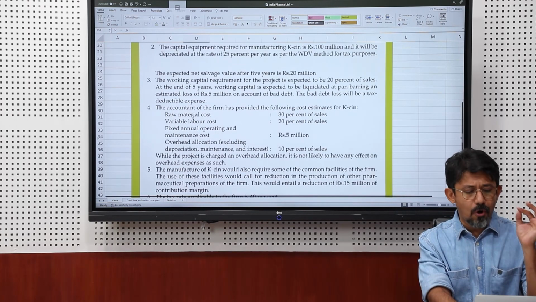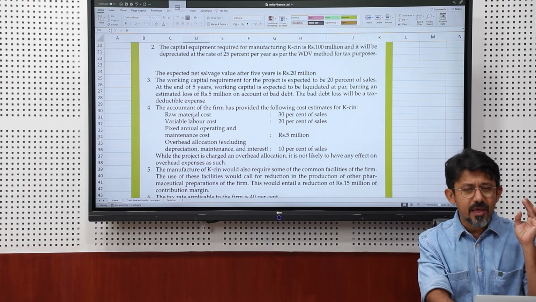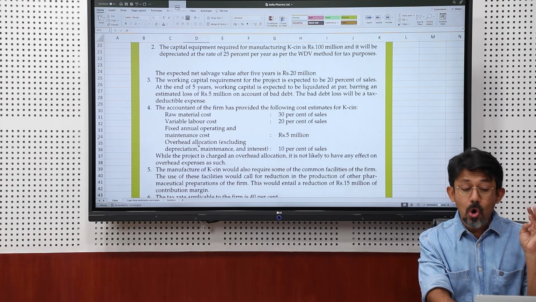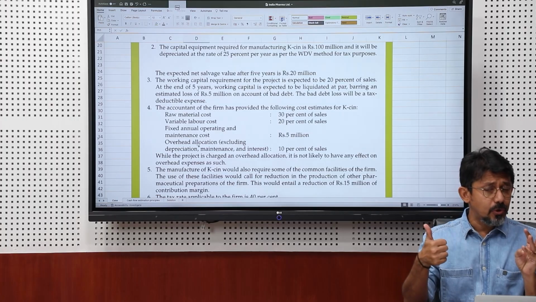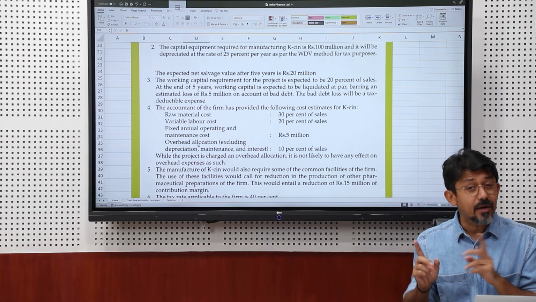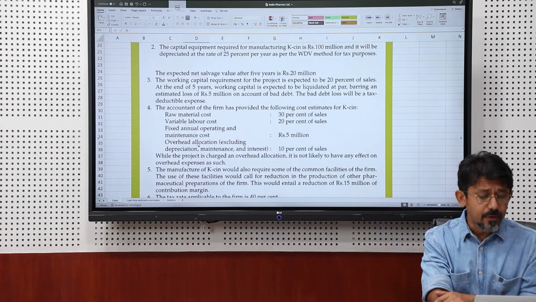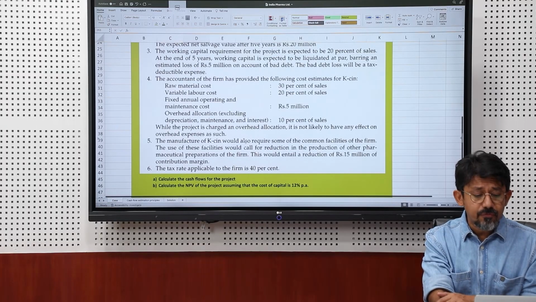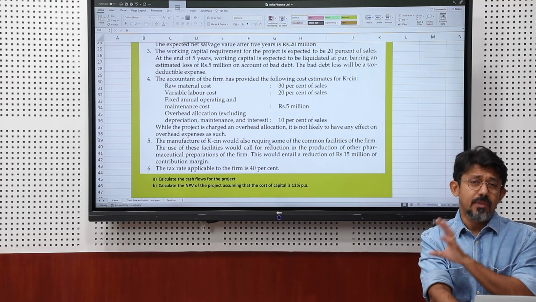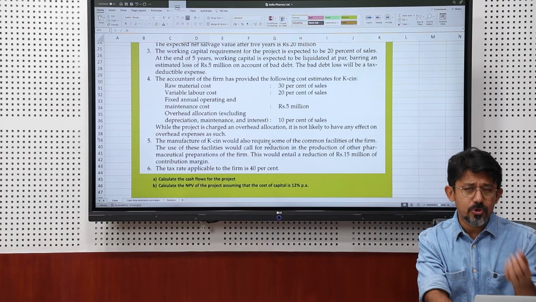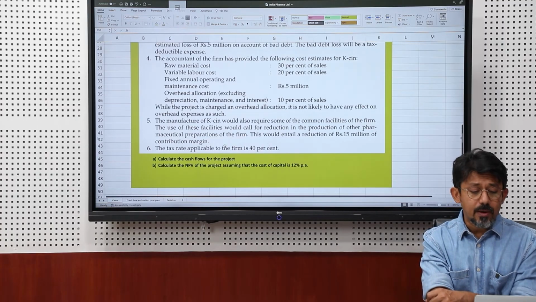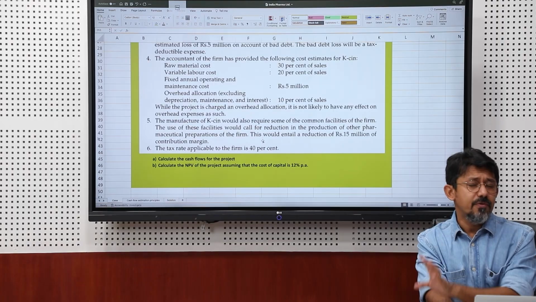Point 4, I have looked at raw material, variable labor cost, fixed annual operating cost. Overhead allocation, I told you it will be ignored, gave you the logic for that through the rent example. Point number 5, opportunity cost, that is reduction of contribution of existing products. And point number 6 is taxation, we have considered tax.